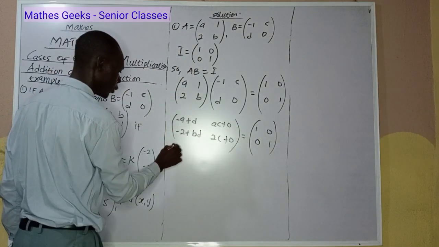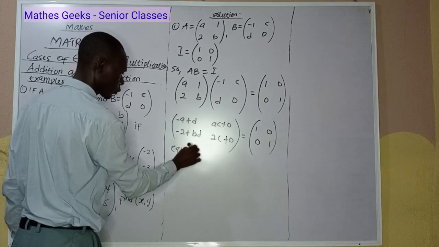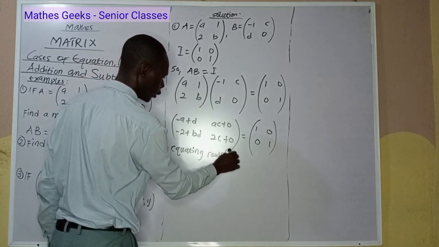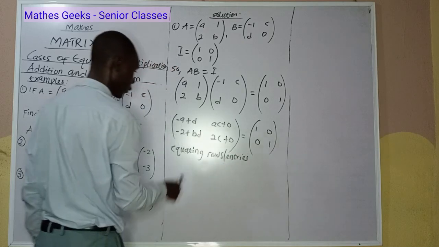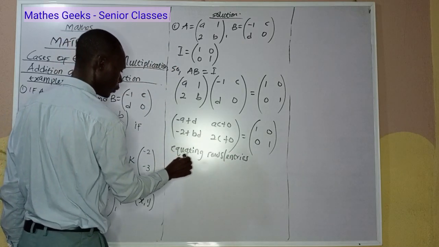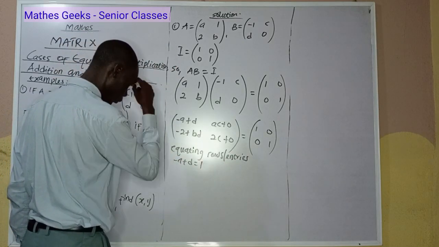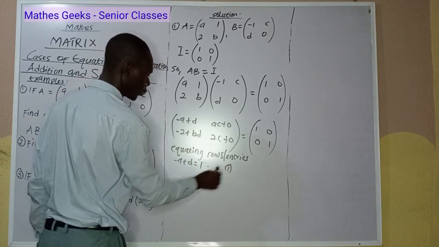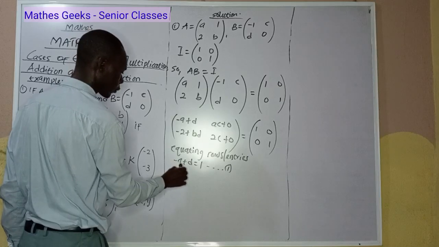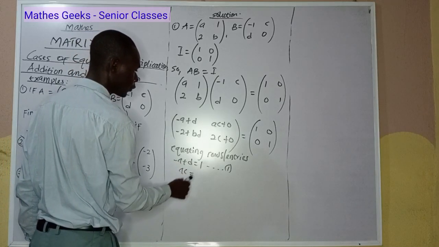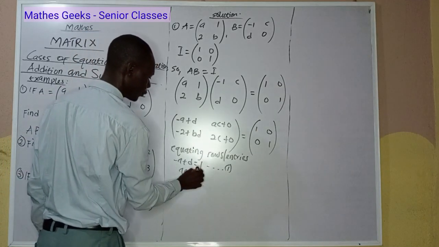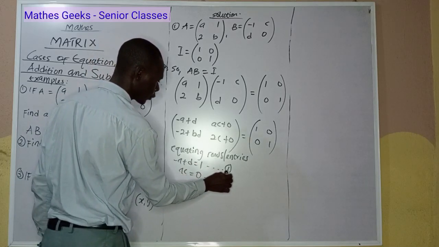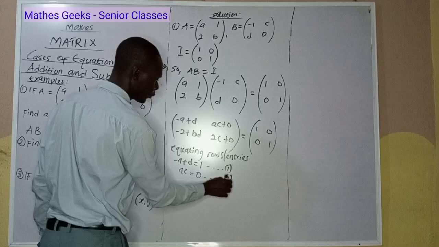Minus a plus d, equating rows or entries, we have minus a plus d is equal to 1. Let's call it equation 1, and ac is equal to 0, from equation 2.